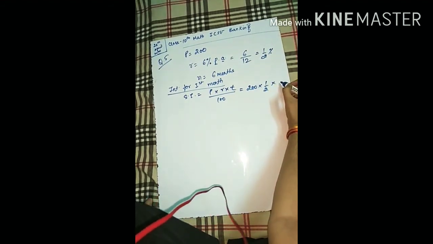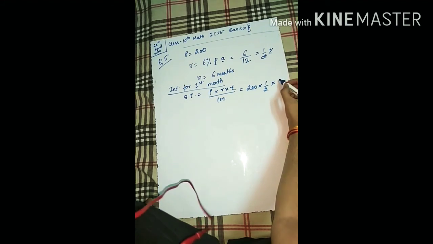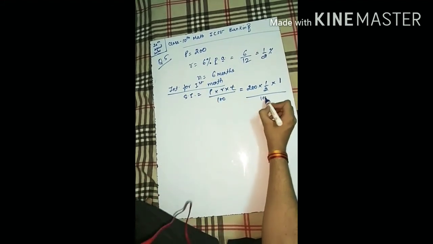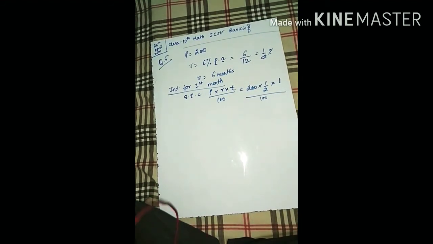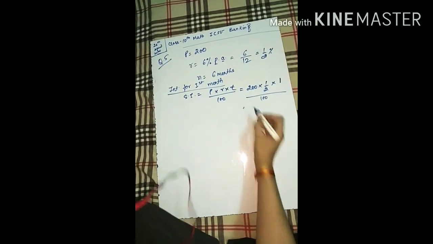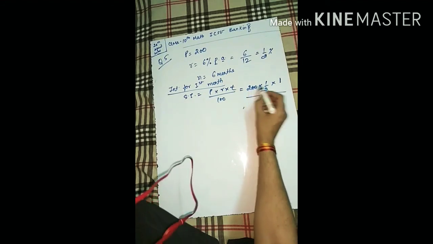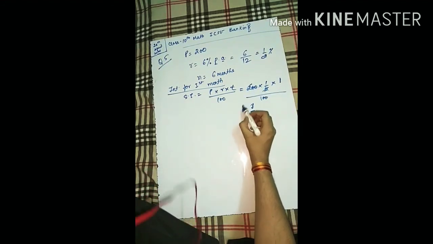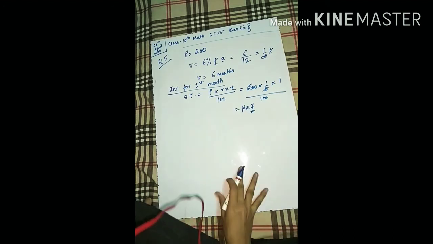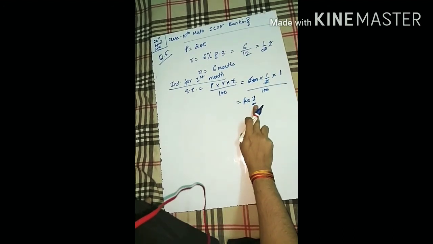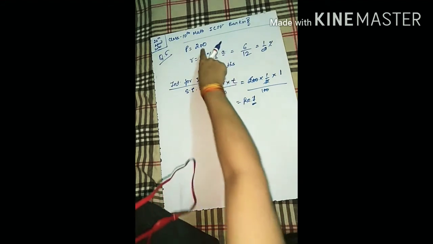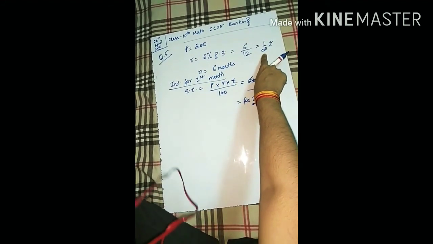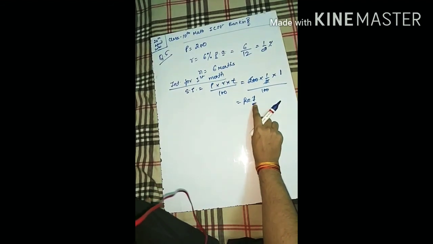Time will not be 6 months. It will be 1, because we are calculating for the first month, and it will be 1 throughout the solution. For every month we'll take T as 1. So from here 2 zeros to 2 zeros, 2 to 2, 1. So rupees 1. This is the total interest. So after depositing 200 rupees and getting 0.5% as interest, he is getting rupees 1.